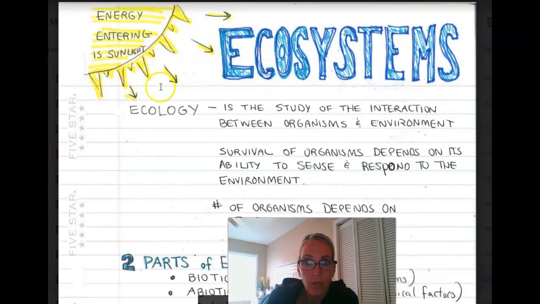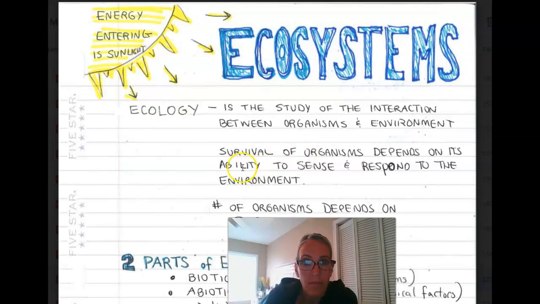All the energy, if we look at the top of the notes, all the energy entering the original energy comes from the sun. Now ecology is when you study this ecosystem. So an ecosystem is the interaction between those, but when you study those interactions between those two things, it's called ecology.